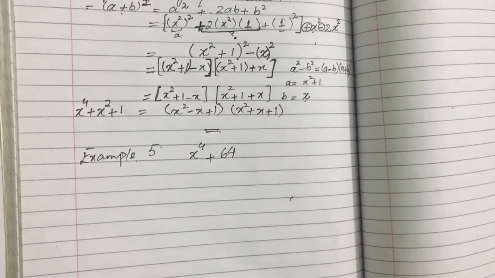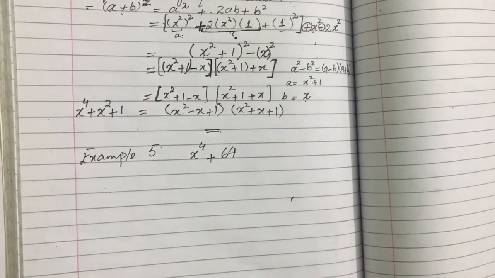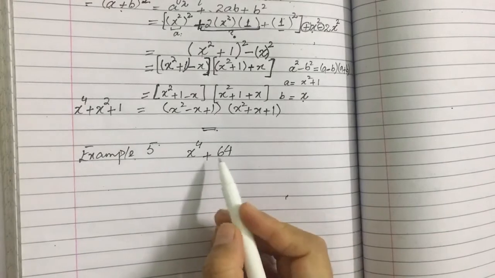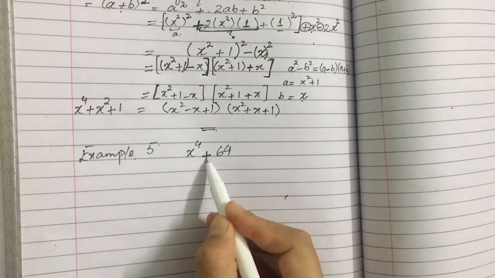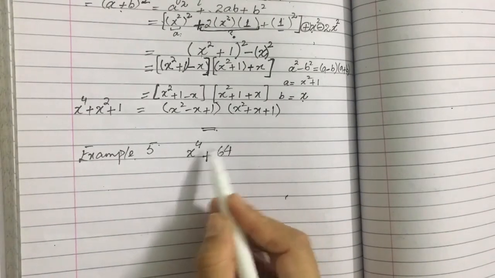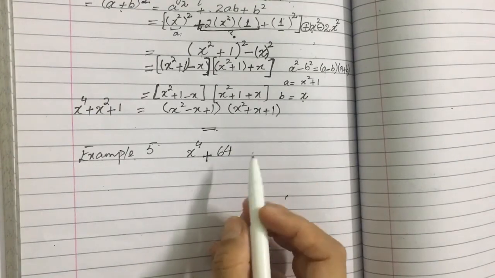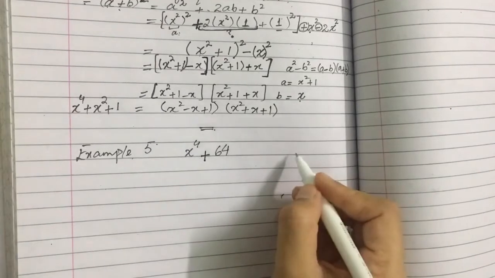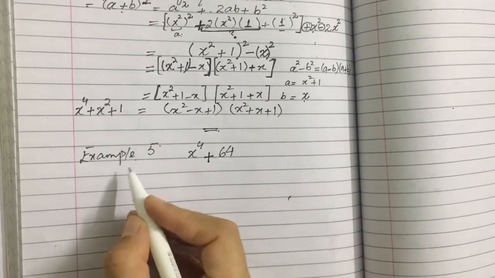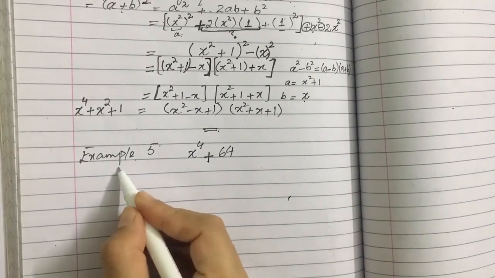It has two terms. Yes, we have a formula which has two terms, that is a square minus b square. But if we had minus here, then we could apply that formula, but now we have a positive sign, so we cannot apply the formula a square minus b square. We have to solve it by the completing square method.